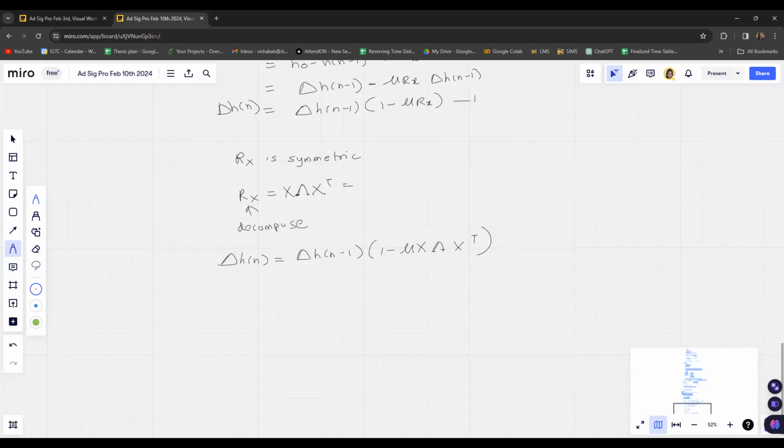Also, we can get another relationship from one: if you have Hn, you can iteratively write that.